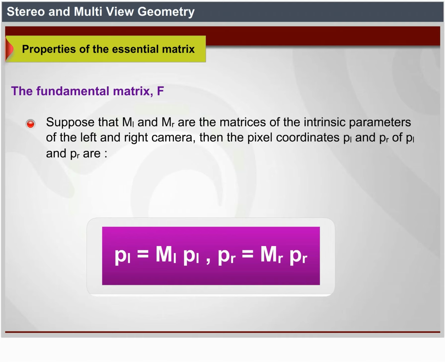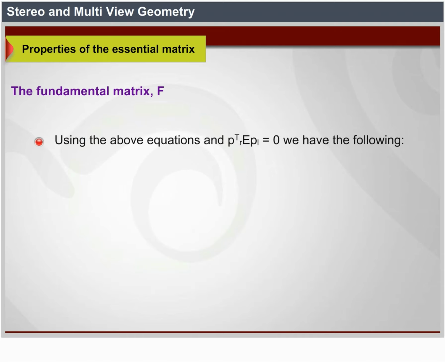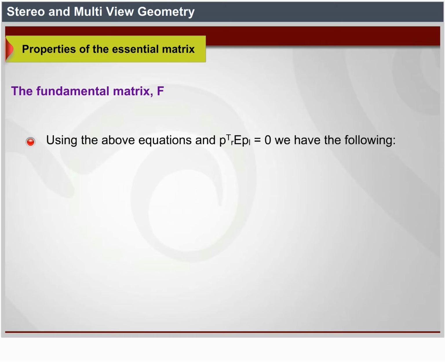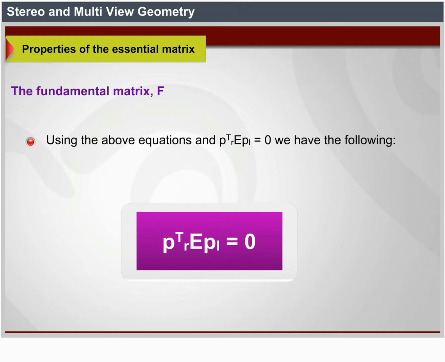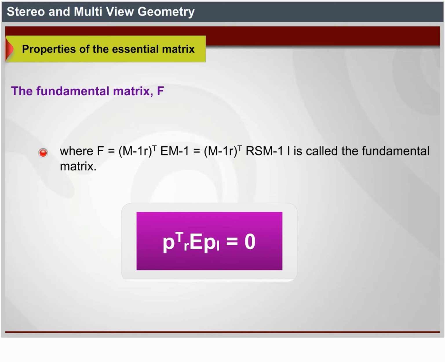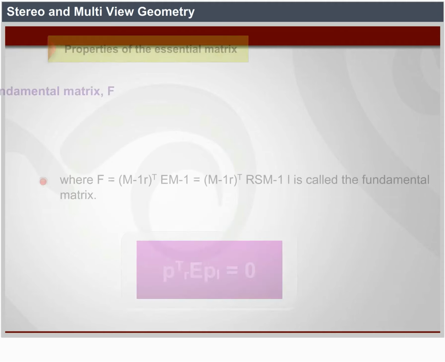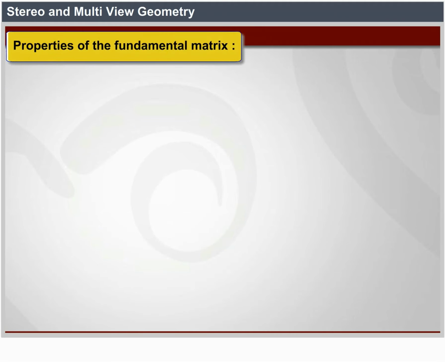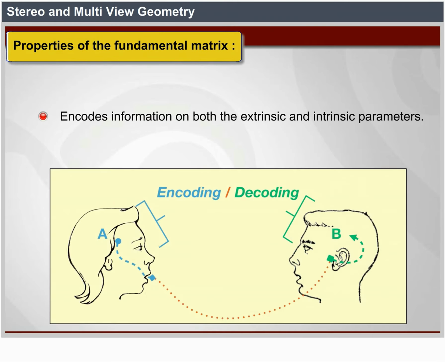Using the above equations and PR raised to the power T, E PL equals 0, we have pR raised to the power T, F pL equals 0, where F equals MR inverse raised to the power T, E ML inverse, equals MR inverse raised to the power T, R S ML inverse, is called the fundamental matrix. Properties of the fundamental matrix: it encodes information on both the extrinsic and intrinsic parameters. It has rank 2.